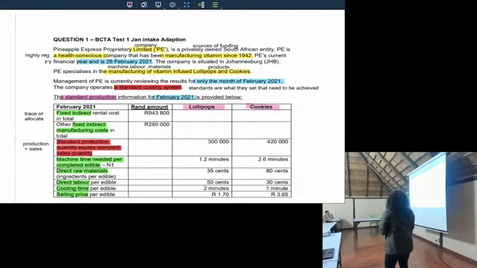So they told you that the traditional based costing allocates its units on machine time.